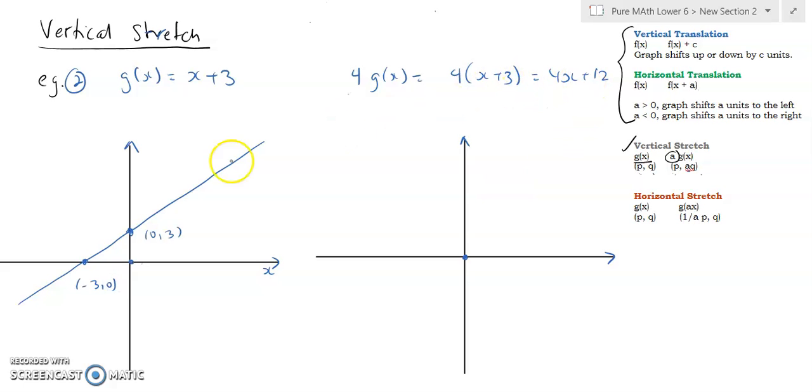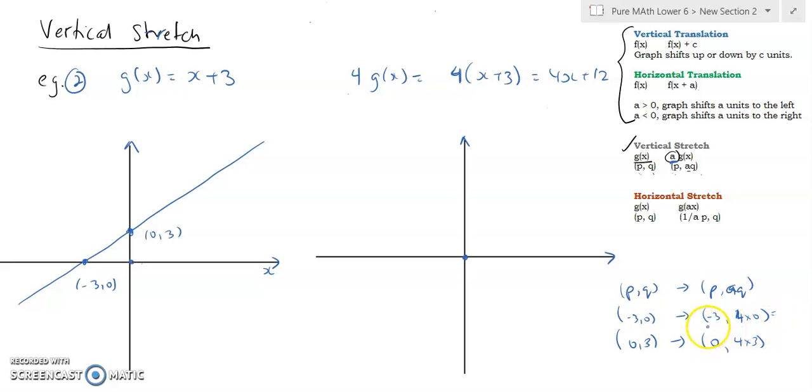Now this line, if I were to apply a factor of 4 here, because a is now 4, my points will now move from (p, q) to (p, aq). So (-3, 0) will now become (-3, 4 times 0), because it's now 4. (0, 3) will now become (0, 4 times 3).